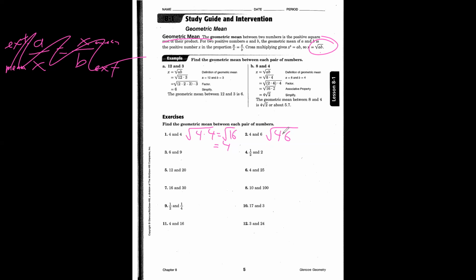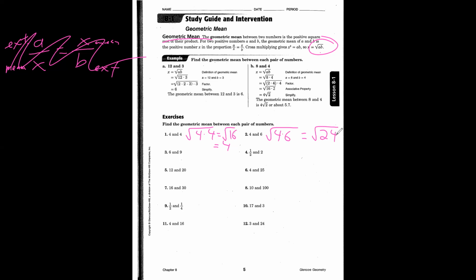4 times 6. Now, I can multiply. I'm going to get a number that's 24. And is 24 a perfect square? No. So I'm going to have to break it down again. Well, guess what?